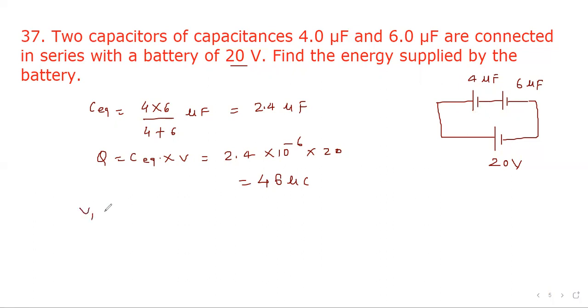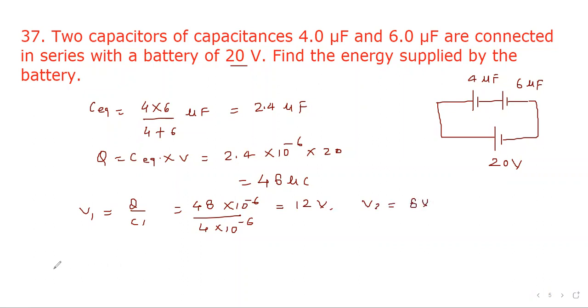So V1, if we find Q upon C1, will be equal to 48 into 10 to the power minus 6 divided by 4 into 10 to the power minus 6. So that will be 12 volt. And then V2 will be 20 minus 12, that is 8 volt.